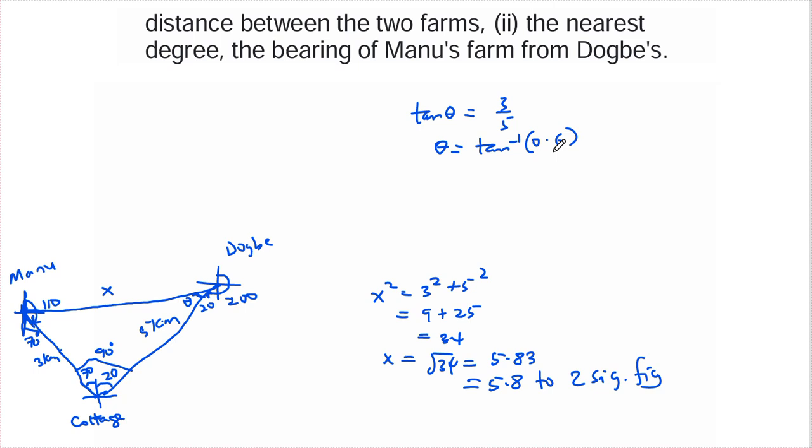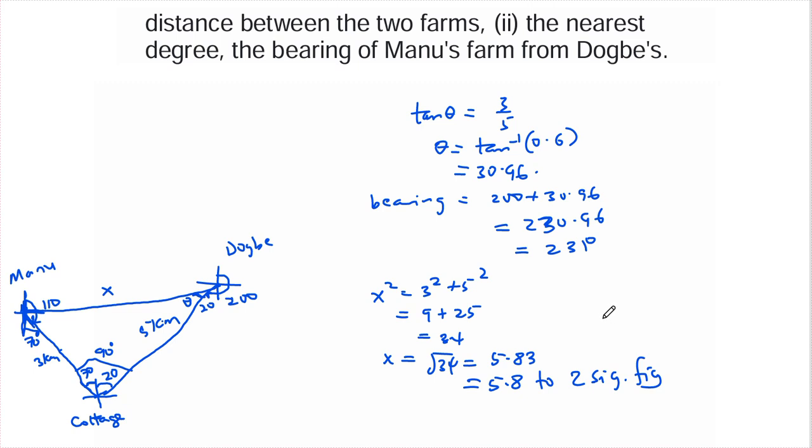Let me call it theta. To find theta, 3 is opposite, 5 is adjacent. So tan theta equals 3 over 5. So theta equals tan inverse of 3 over 5. 3 over 5 is 0.6. Tan inverse of 0.6 is 30.96.